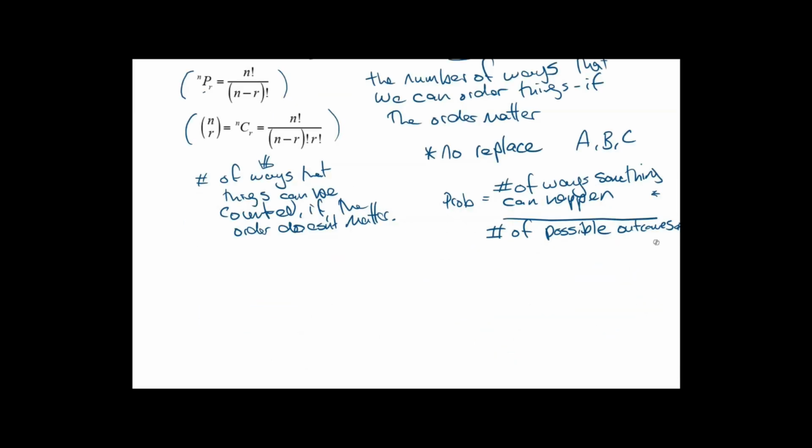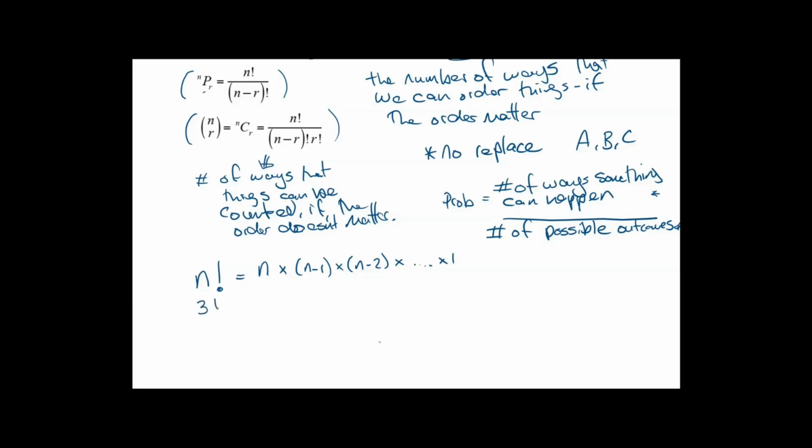So the first thing that looks pretty scary here that you may not have seen before is this notation, N exclamation mark. And that doesn't mean that we are shouting the letter N really loudly. What that means is that we have N times N minus 1 times N minus 2 times dot dot dot all the way to 1.